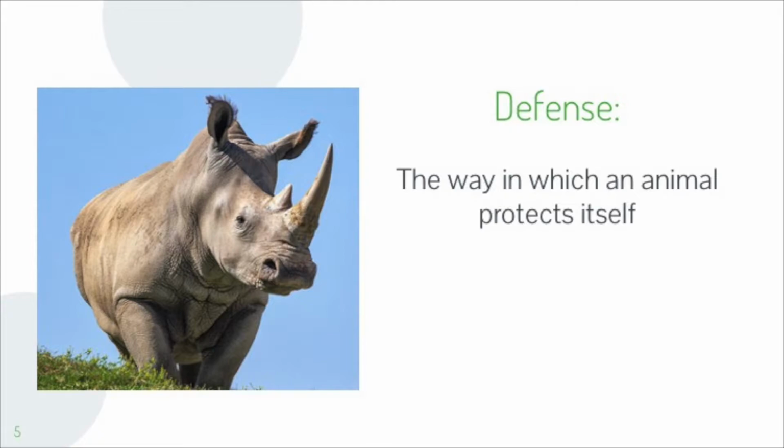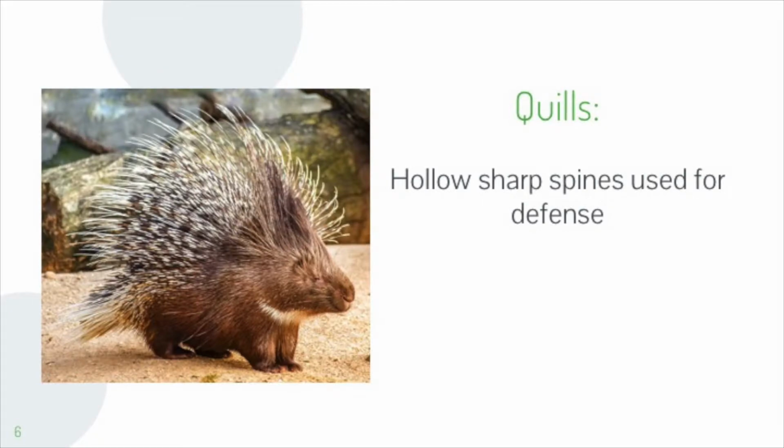Next we have defense, the way in which an animal protects itself. We can see that this rhino has two horns, one a bit bigger than the other, that it probably uses to defend itself. Next we have quills, which are hollow, sharp spines used for defense. A classic animal that has quills is our friend the porcupine.